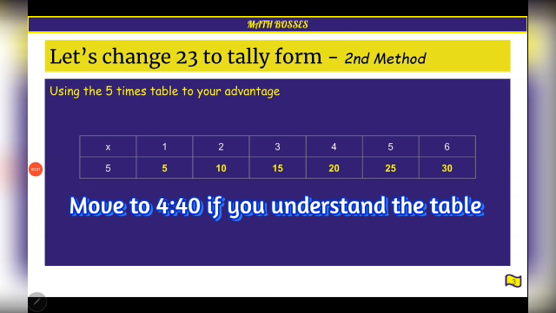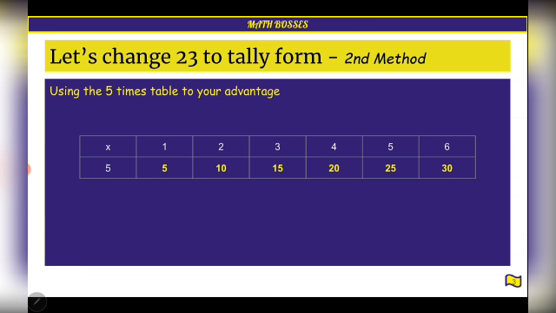In case you do not understand this table, I'm going to do a quick run through of the concept behind it. Now, when we take the first 5 in white font and multiply by this one in white font, we get 5, and that is how we got this 5 in yellow font. When we take the 5 in white font and multiply by the 2 in white font, we get 10.